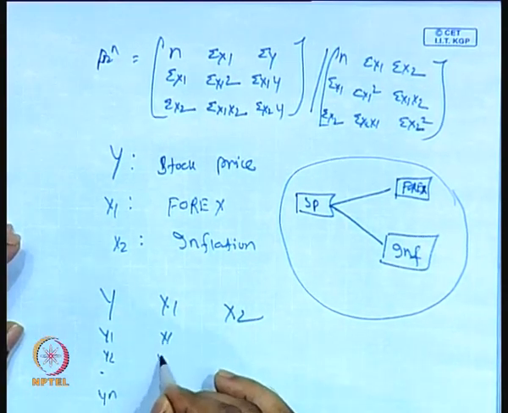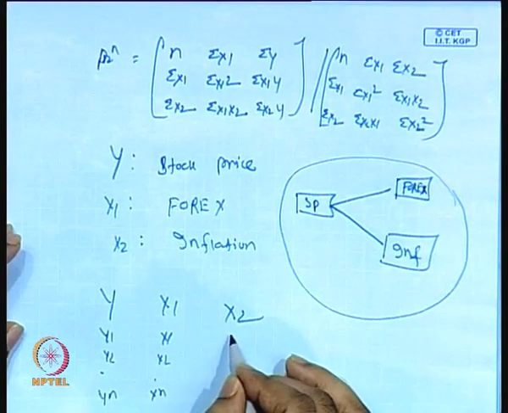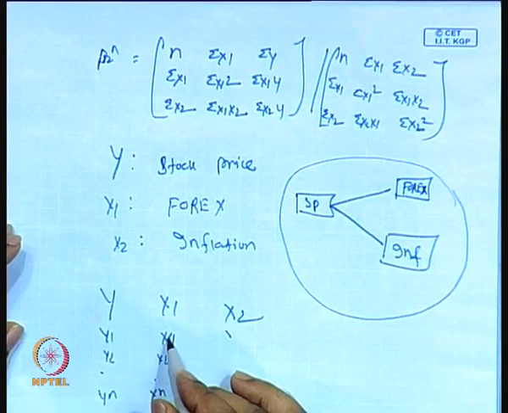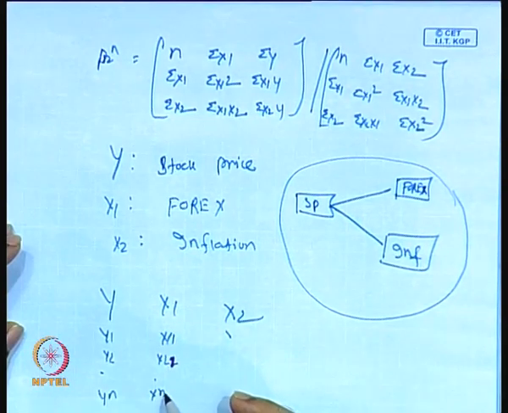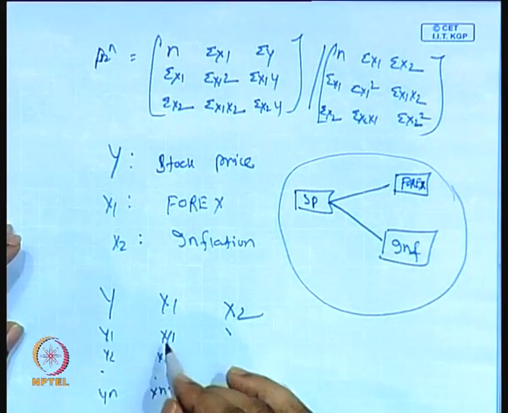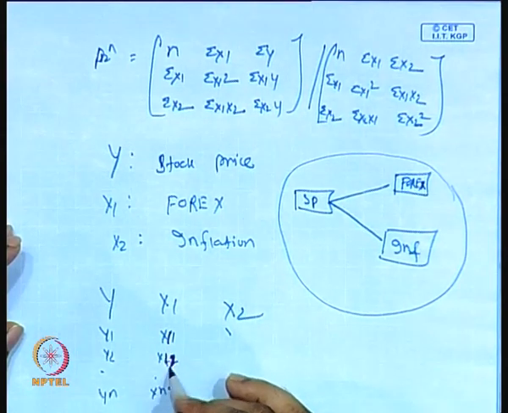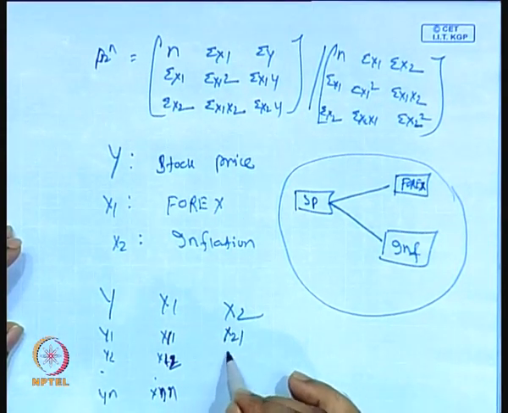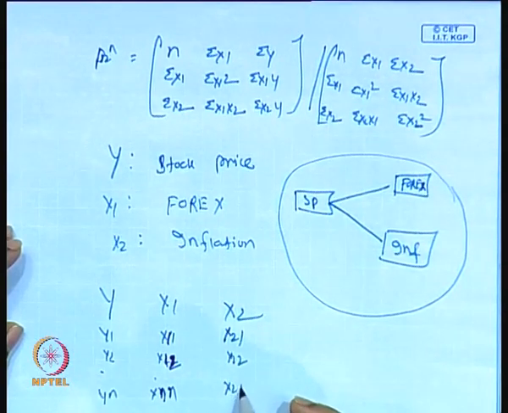Similarly x1, x2 up to xn. Otherwise you can put x11, x12, up to x1n, that is better. And also x21, x22 up to x2n. This is how the representation works.